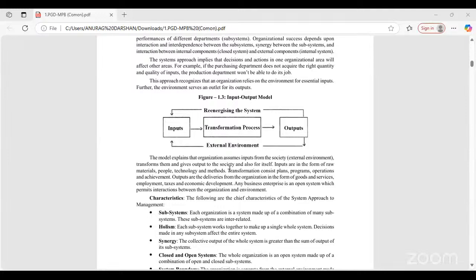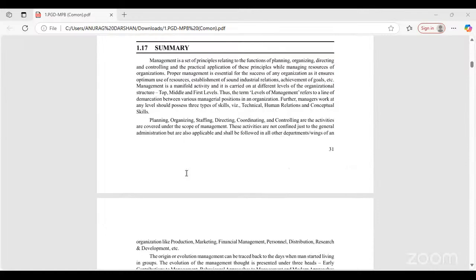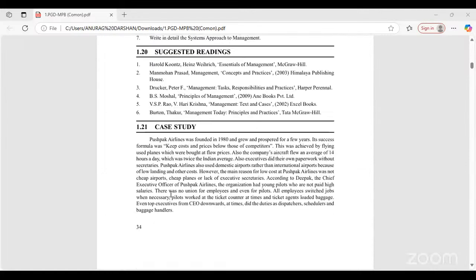So we have input, output, and in between the process, where raw material is transformed or converted into finished or semi-finished goods. So this is all about the first, introductory chapter.